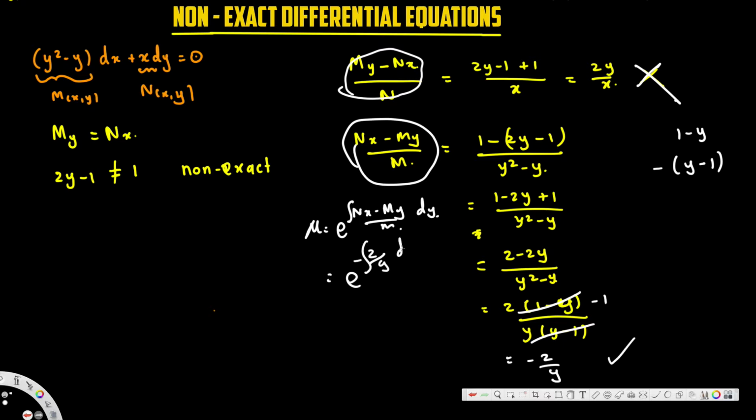Negative 2 is a constant, so we can move that to the front, and the integration of 1 over y is ln of y. Then this minus 2 we can move right here, so this is just y to the power of minus 2. So e to the power of ln y to the power of minus 2 will give us 1 over y squared, because e and ln cancel each other. So this is our integrating factor.